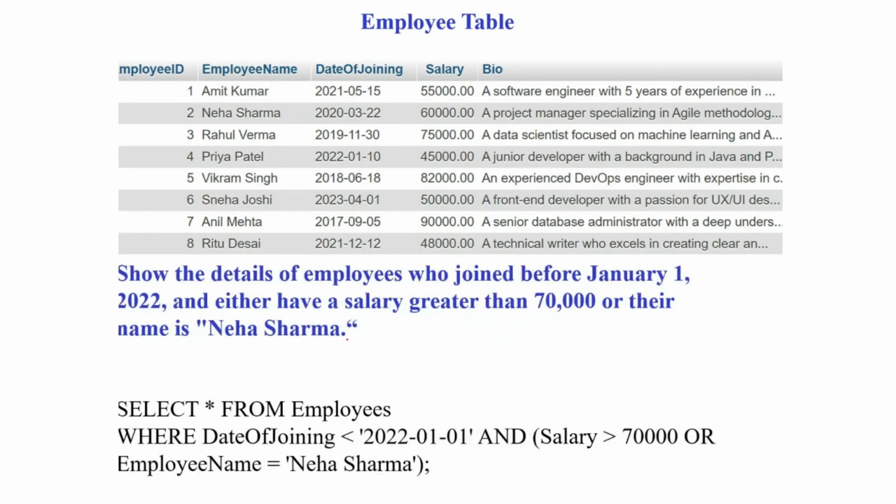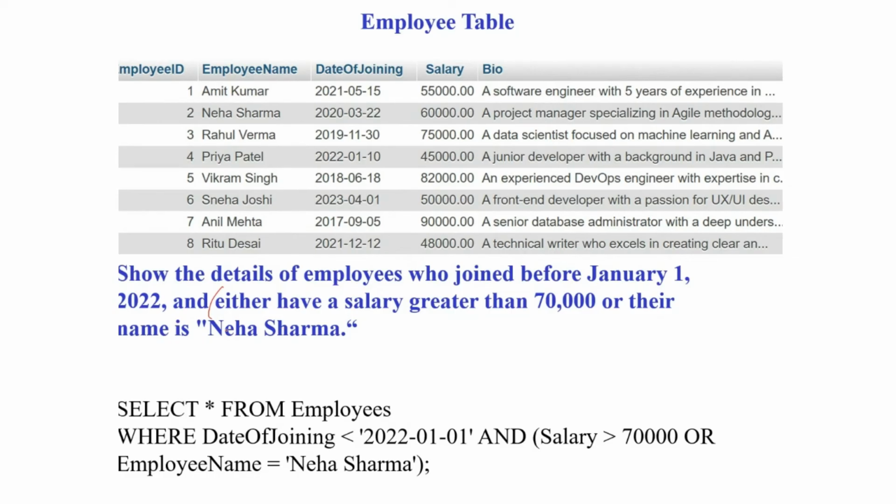Here we would see some more details and a more complex kind of query. Show the details of employees who joined after January 2022 and either have a salary, so after that, there is an OR condition. Either have a salary greater than 70,000 or their name is Neha.